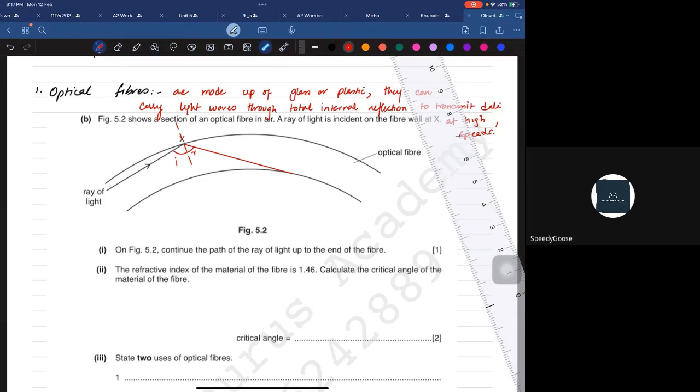Then you draw another normal line here, check the angle, mark angle i, and then move it this way. Then draw a normal line again if it hits the surface, and then move it this way. This way, you will keep on drawing i and r until it is out, and then arrows. Please do not forget about that.